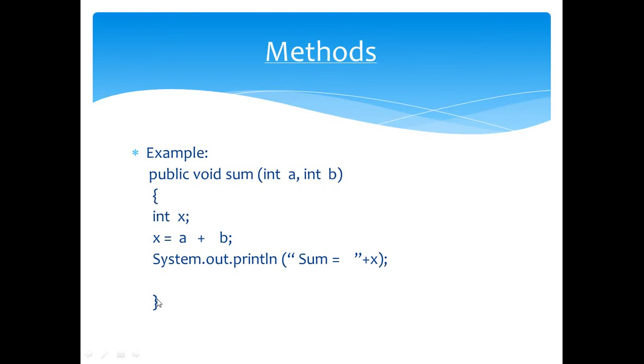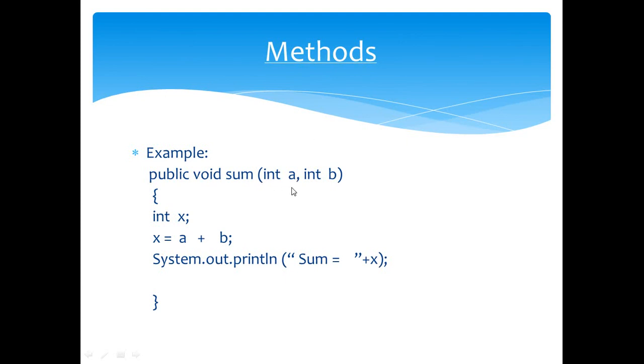Inside the method body I declare a local variable x, which is only available within the body of this method, and I find the sum of a and b in x. Now print the sum as x, and here the method is closed.